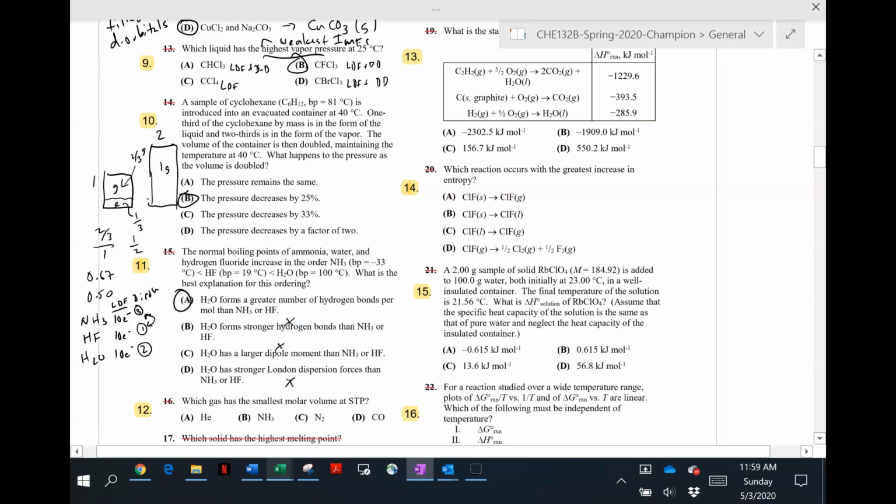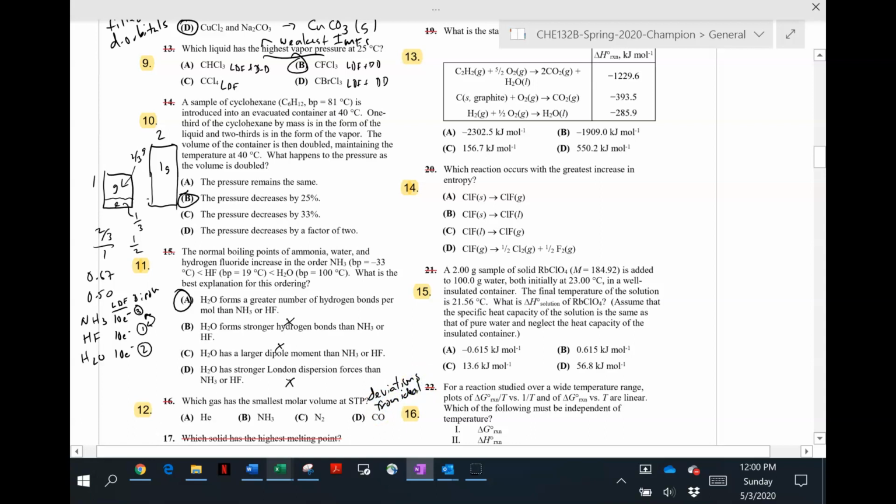All right, which gas has the smallest molar volume at STP? The volume occupied by 1 mole at STP, that's a weird question. I think this actually gets into the issue of deviations from ideal behavior.